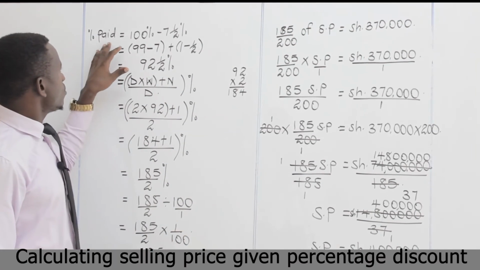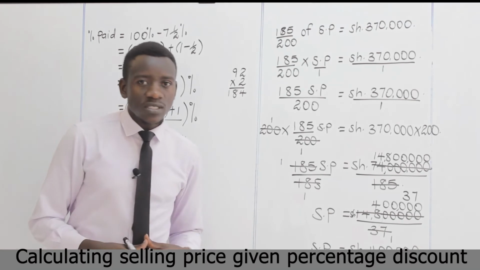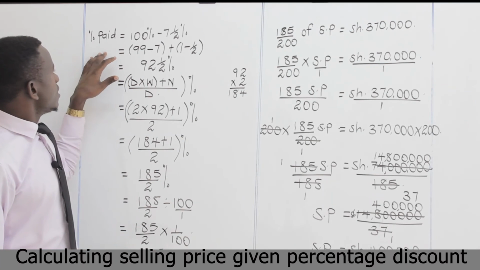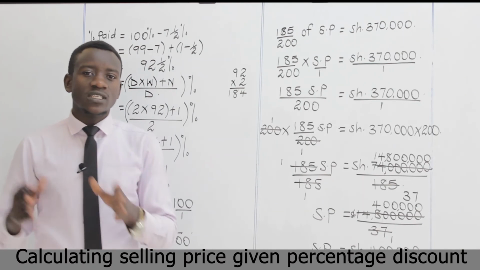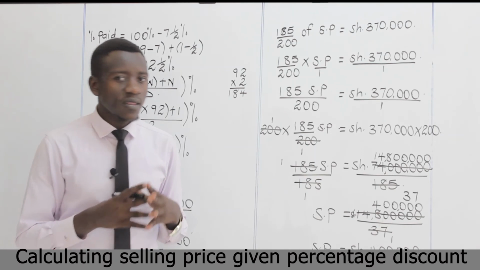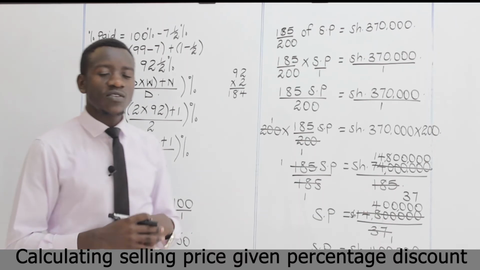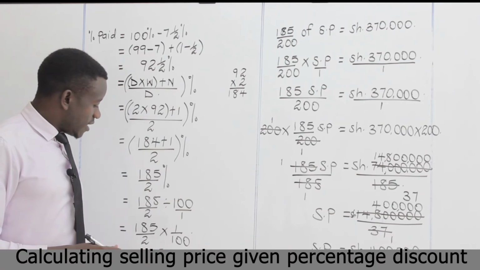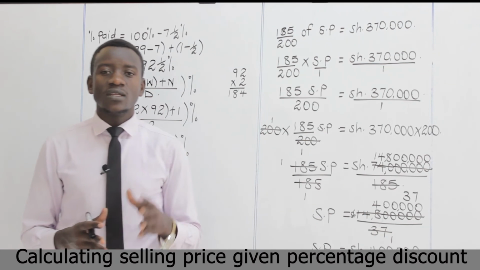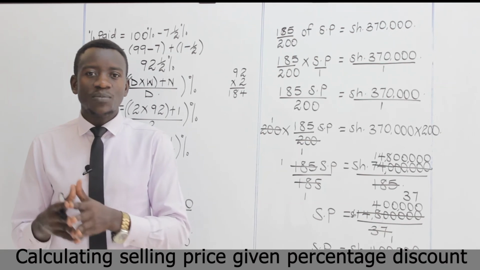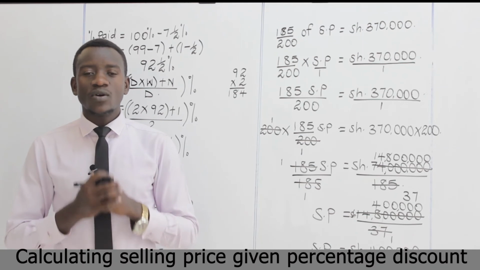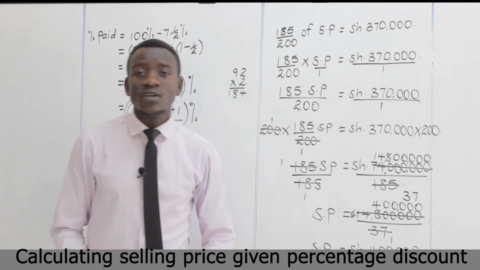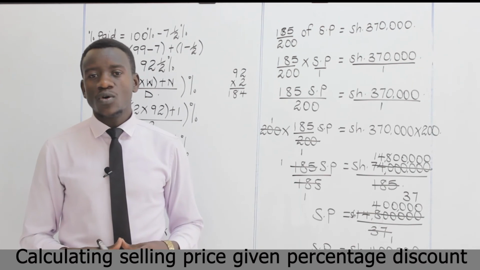And we have looked at how best we can get the equations before we state the equation, and we looked at how we get the percentage paid so that we can equate it to the amount paid by subtracting the full percentage, which is 100%, minus the percentage discount, so that the answer we get finally here will be the percentage the person paid, which can be equated to the money or the amount the person paid, so that at the final answer we shall have the selling price of that article or that item.